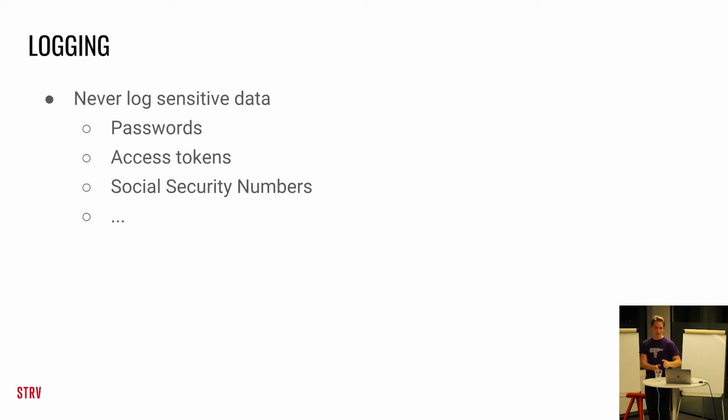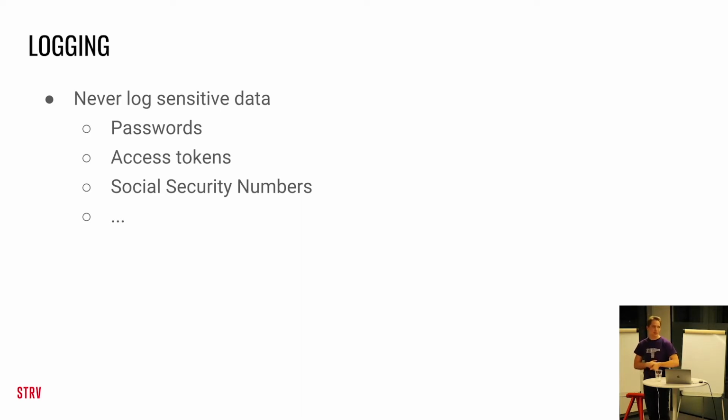Because it's usually easier to get to the logs than into the application itself. And also the logs tend to be resent between developers to figure out issues, and then it quickly becomes an issue.